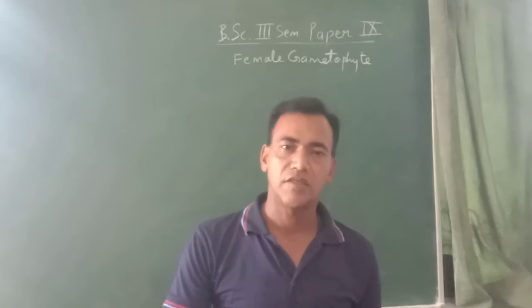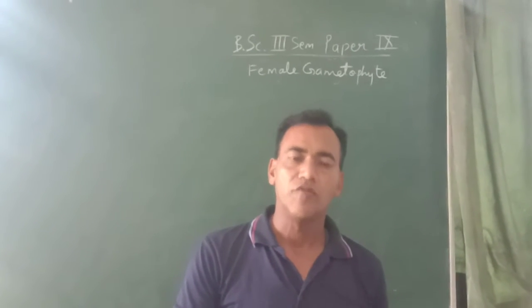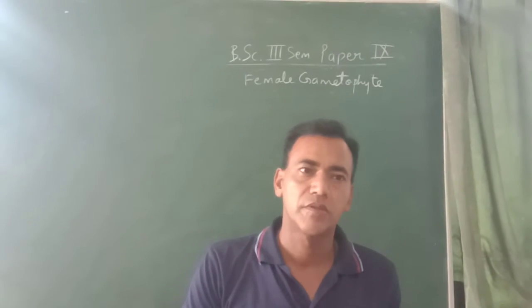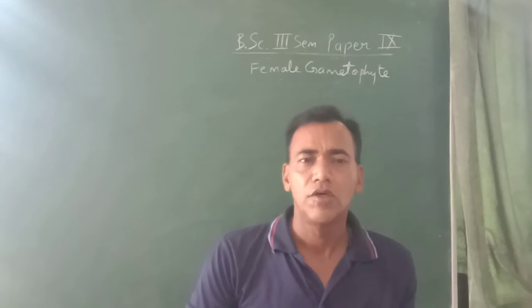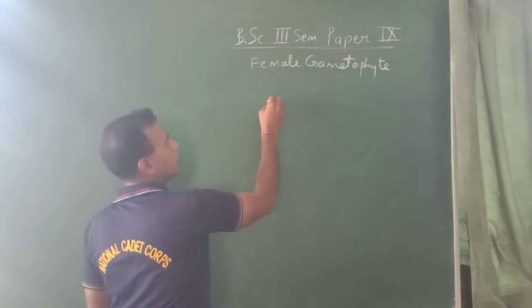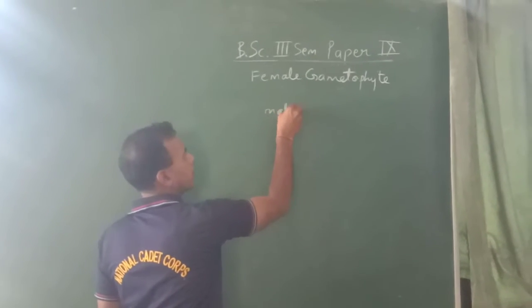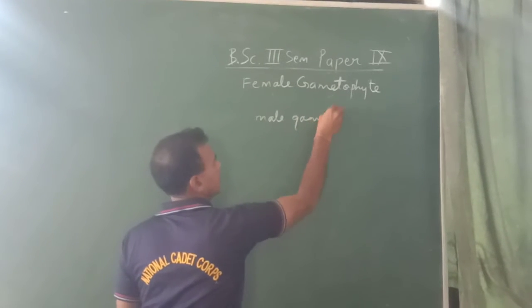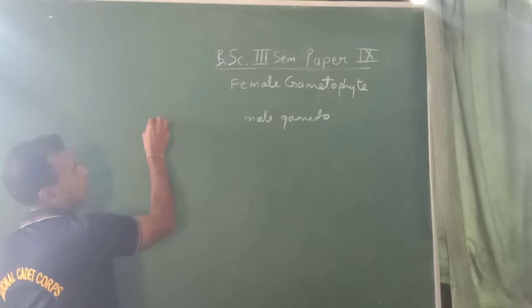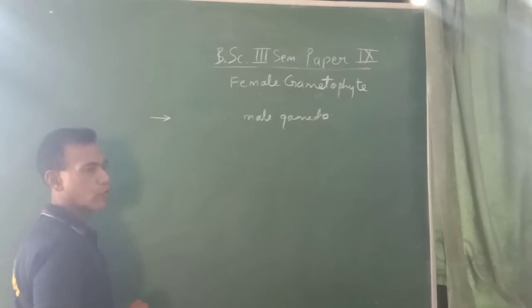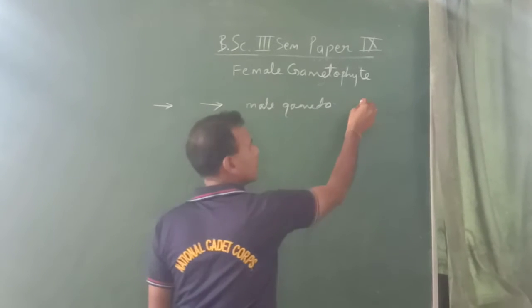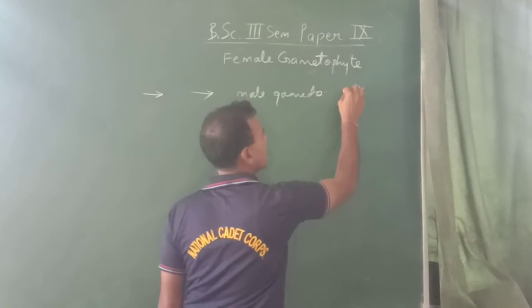Today in this lecture we will discuss the female gametophyte and the fertilization process of angiosperms. Till now we have studied the development of the male gametophyte, which took place by microsporogenesis and then microgametogenesis. The male gametophyte is the pollen grain.